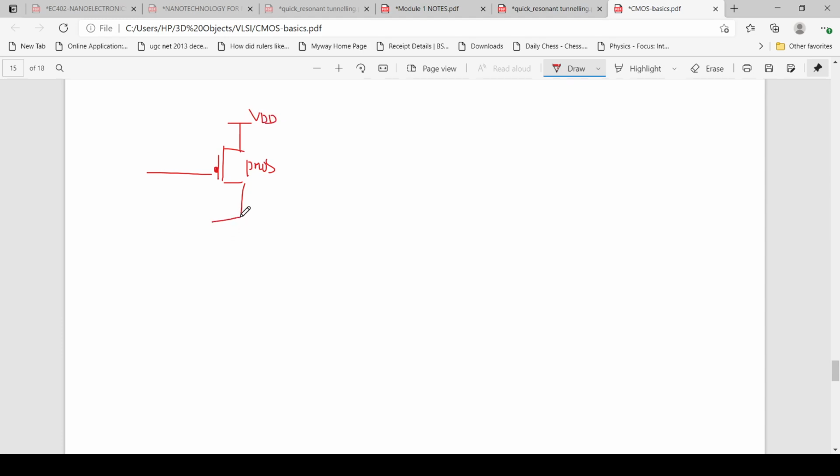Then an NMOS in the bottom portion, and this can be connected to ground. From here we can take the output Vout. These two gate regions can be connected together, and we can apply the input Vin here.